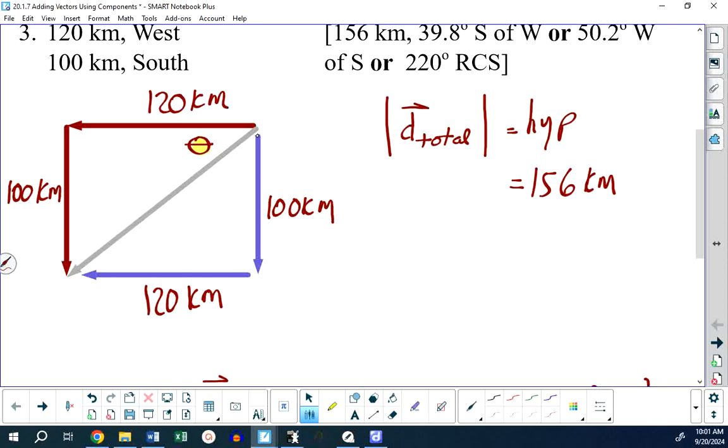We know, by the way, I'm just going to say 40 degrees. You know that if that's 40 degrees, this is 50 degrees, because they add up to 90, right? But if you decided to draw the blue one, when you find your angle, you would have said tan of theta is opposite, and you would have written 120 over 100.